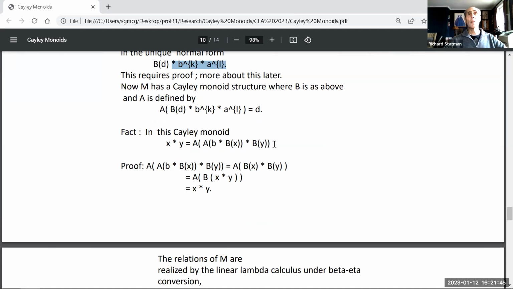It's just exactly this. This looks like in lambda calculus, if B is the lambda term B, Curry's capital B, B applied to X applied to Y is the combinator semigroup star. So we recover it this way.